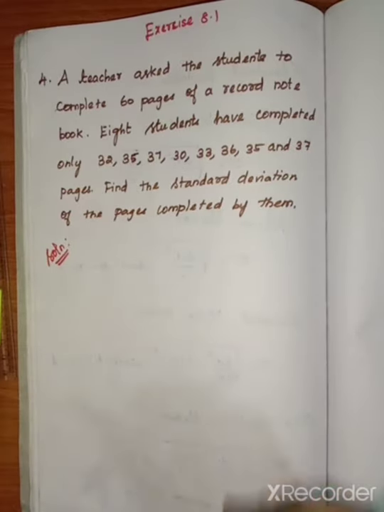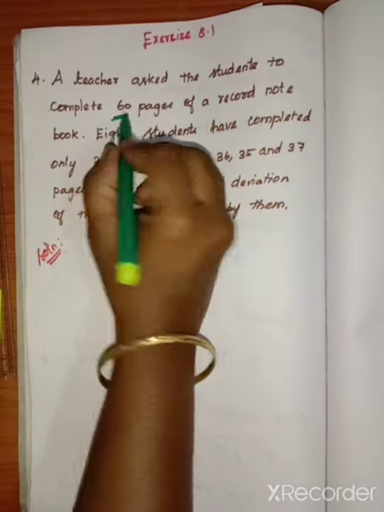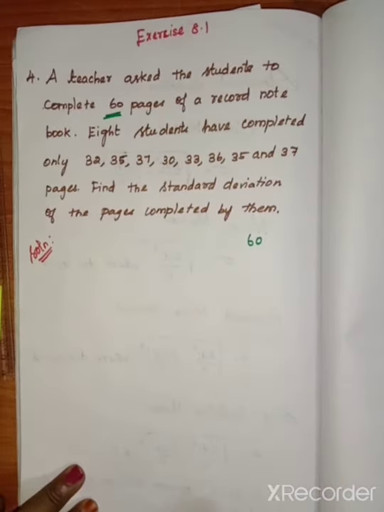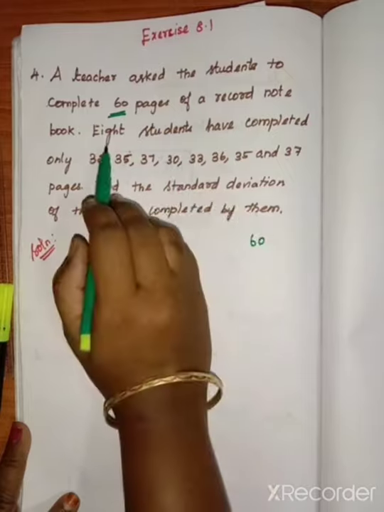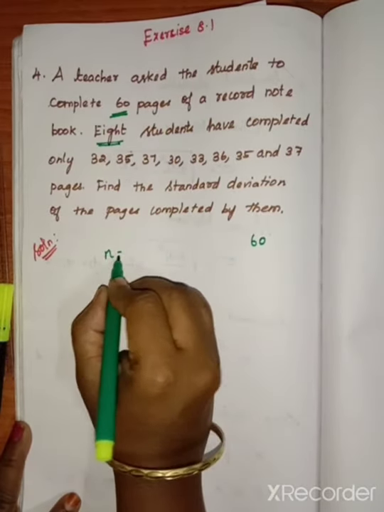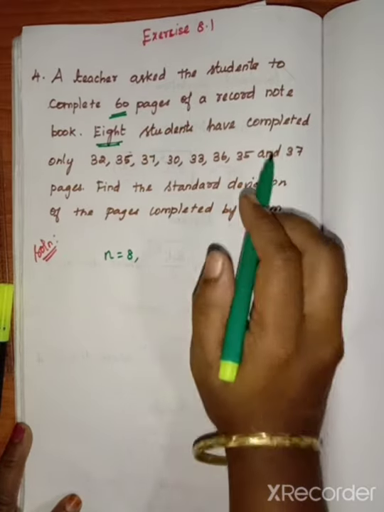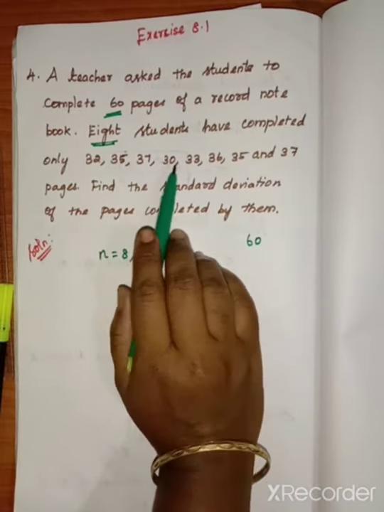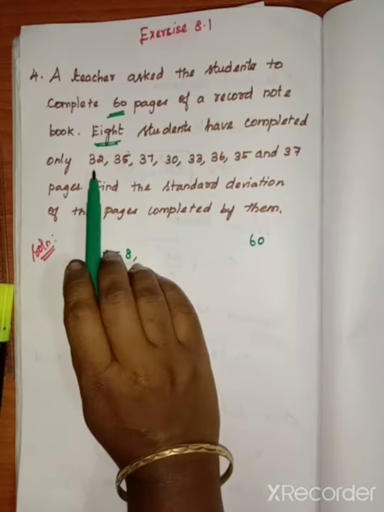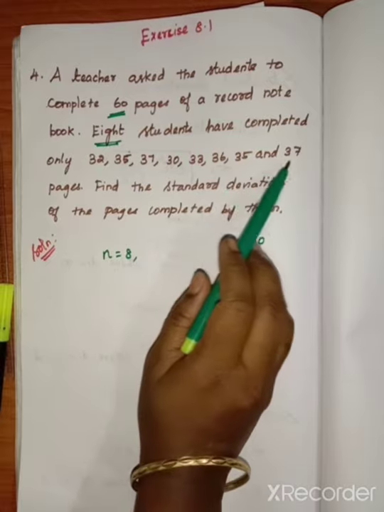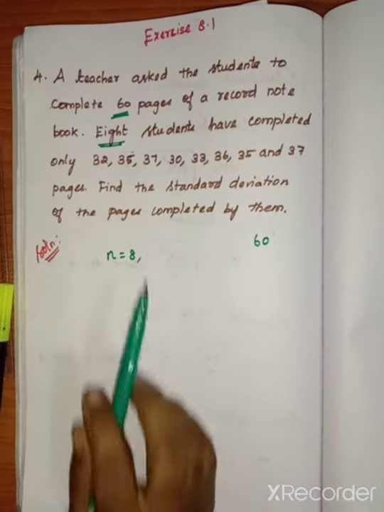So here totally the students want to complete 60 pages. For how many students? 8 students, so n equal to 8. But they completed only 32, 35, 37 for each student. The first student completed 32, the second student 35, like that the 8th student completed 37.